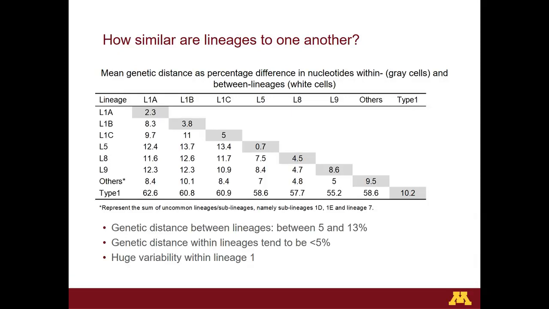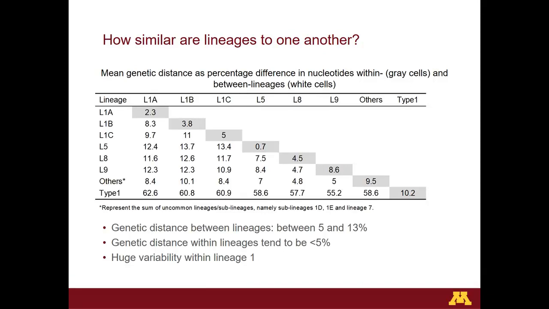But if I compare lineage 1A versus lineage 1B, it was 8.3%, and so on and so forth. Genetic distance between lineages was usually between 5 and 13%. Obviously, there is some range there, depending on which comparison you're making. And the genetic distance within lineages tended to be under 5%. This doesn't hold for all instances, but for most of it, it holds.